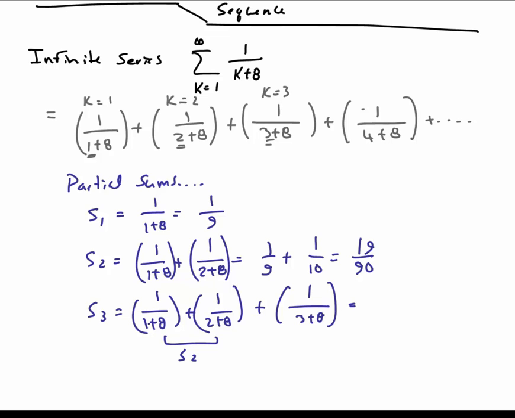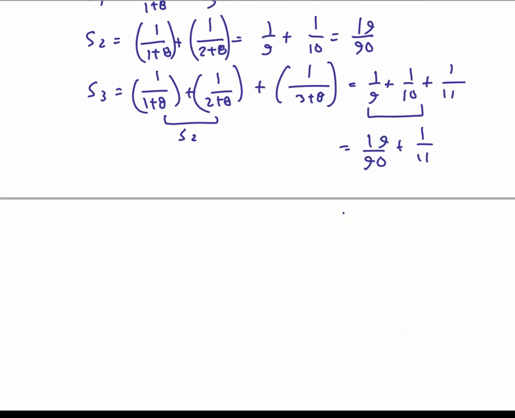So we already know from here we have 1/9 plus 1/10 plus 1/11. We know 1/9 plus 1/10 from above was 19 over 90 plus 1 over 11. And then we keep working toward finding our common denominator. In this particular case, it looks like we could go after 990.